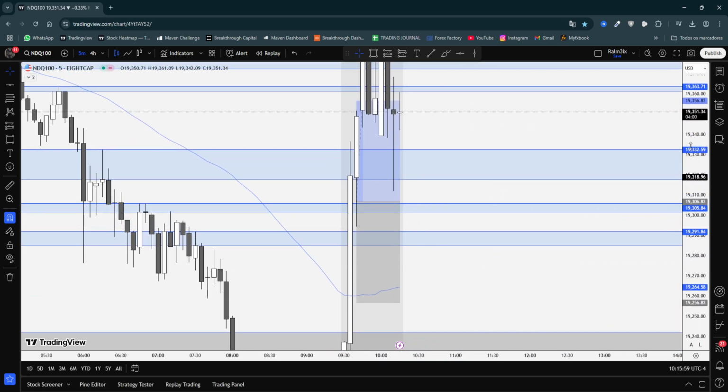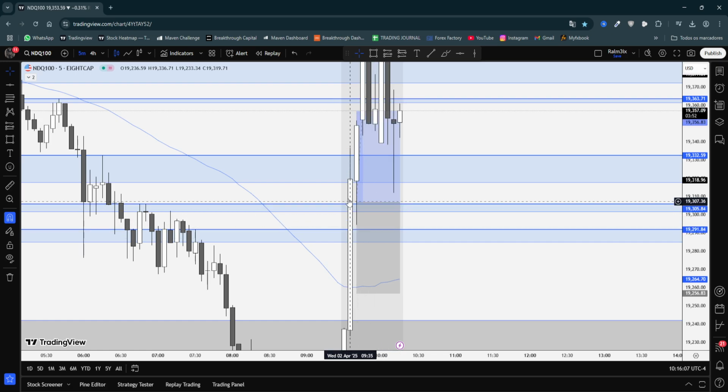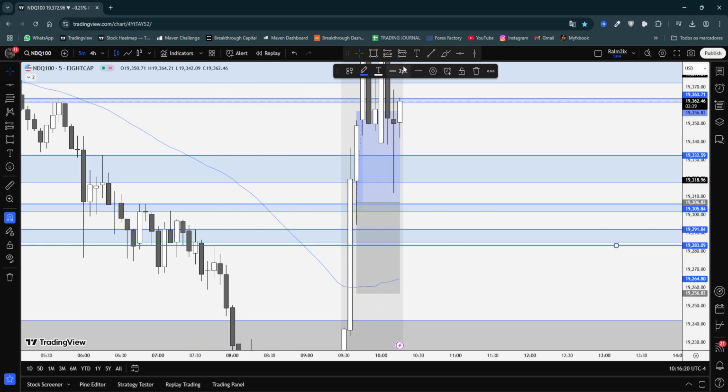And why? Because I like to enter on the closest zone to retest after the breakout. So if this candle closed here, I will use this zone, but in this case price just closed here, so my retest was in this one.